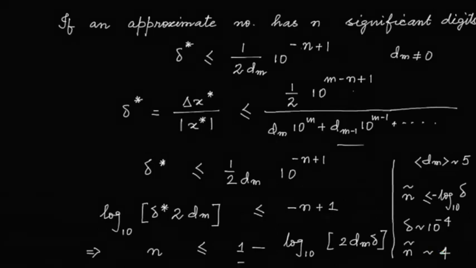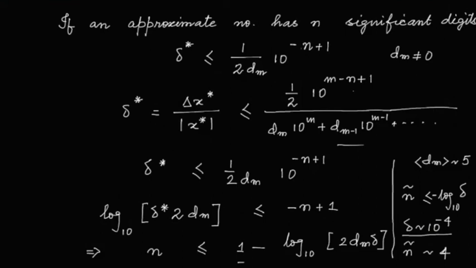So the number of significant digits is of the order of the decimal exponent of the relative error. That is useful because if I have a relative error which is like 10 to the minus 3, then I have roughly 3 significant digits in my number.